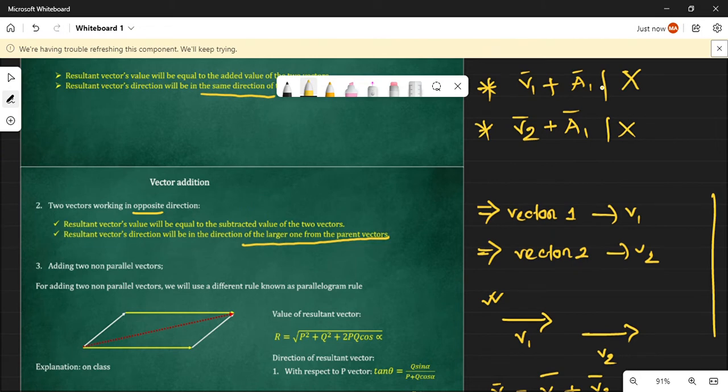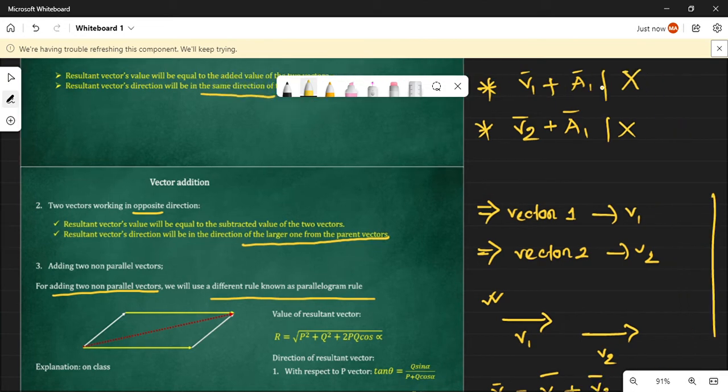Just add or subtract depending on the direction. But if we have two vectors in different directions, non-parallel to each other, what will be the value and direction of the resultant vector? For that we need another rule, known as the parallelogram rule of vector addition.